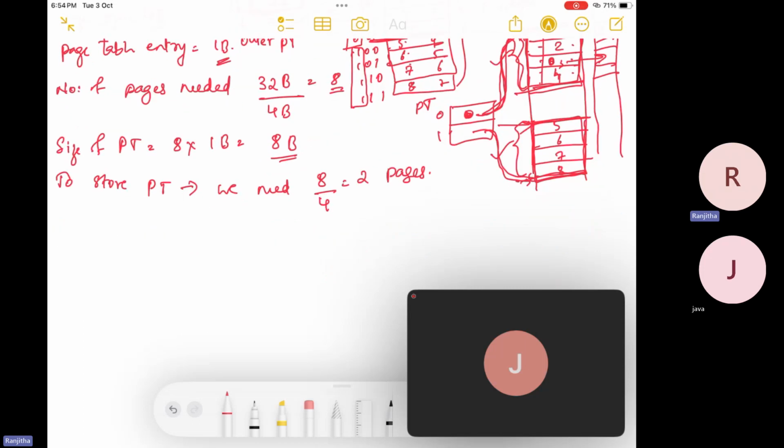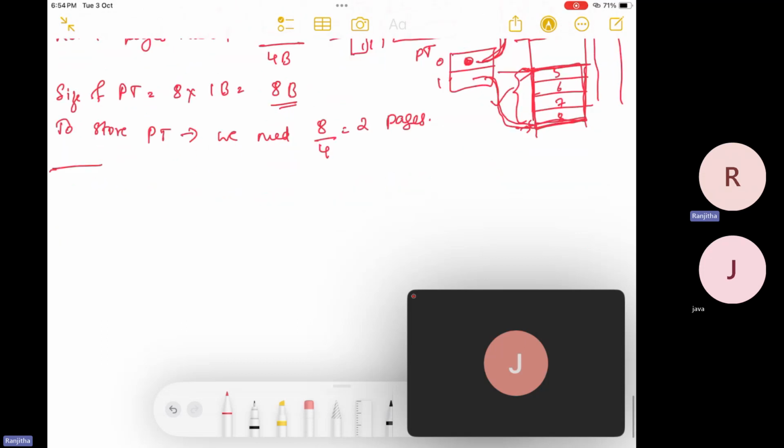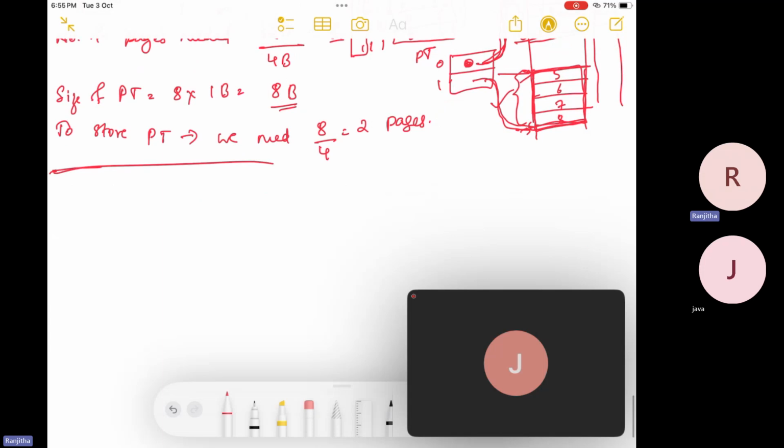Let's see one more example. Now, instead of 32 bytes and so on, let's make it a little bigger.